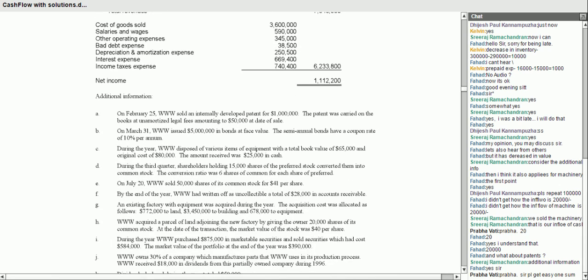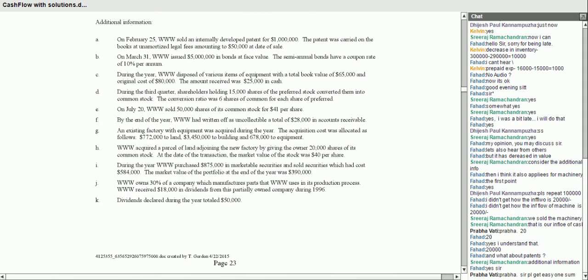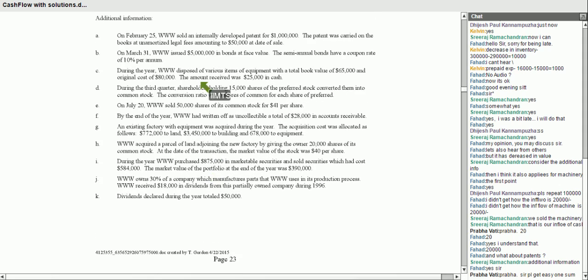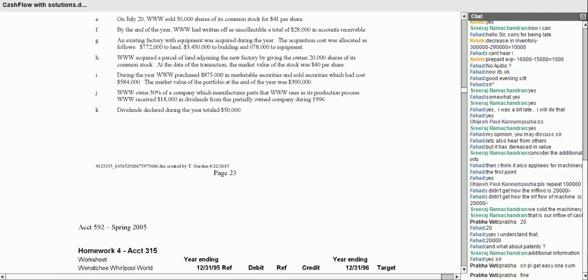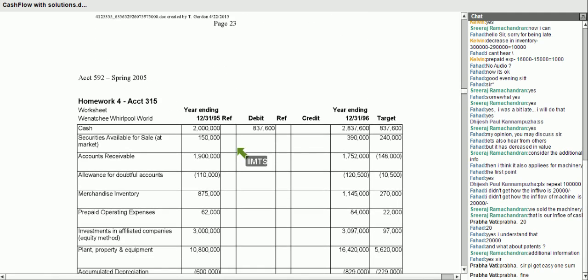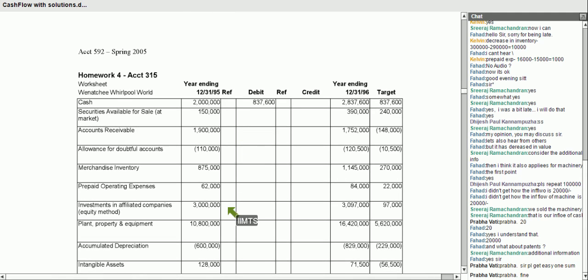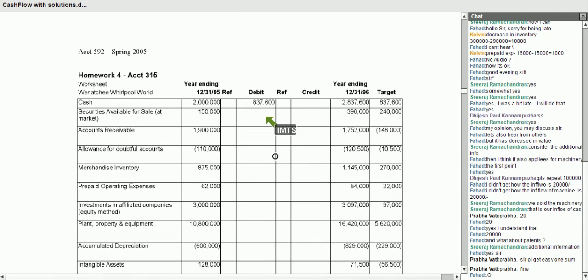This is more complicated, but I'm discussing the basic one first, right? This is the more complicated one, where you have 10 to 15 pieces of additional information, and then you have to make a table like this, calculate the values and do all those things.